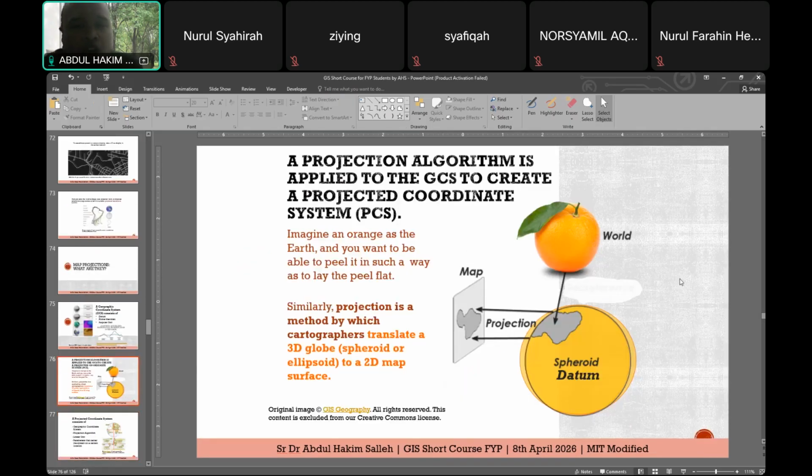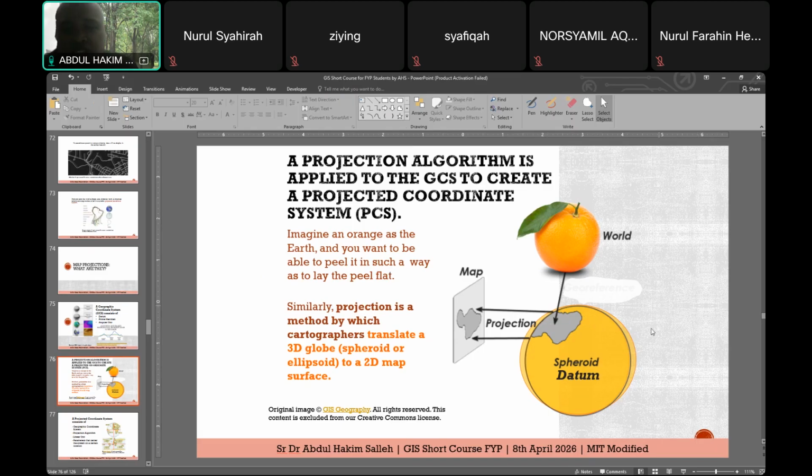Now, how are the projections made? Okay, so imagine an orange as the Earth, and you want to peel it in such a way as to lay the peel flat on the wall. How? It is not possible. That's why they apply what is known as projection.